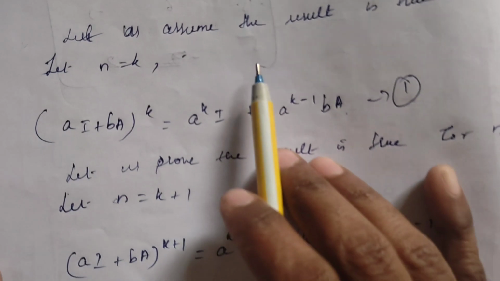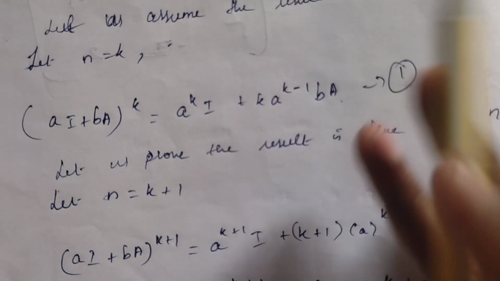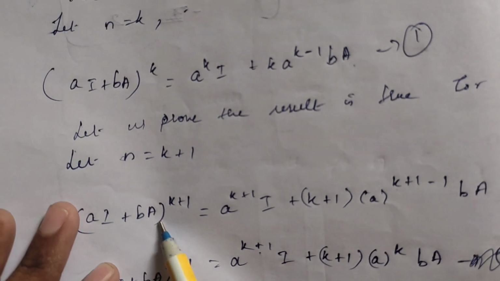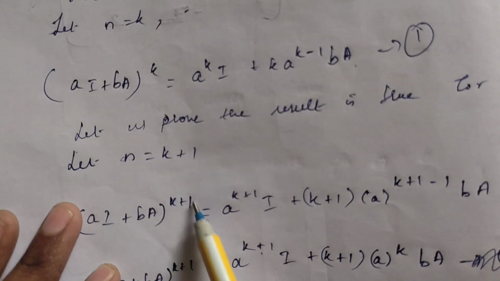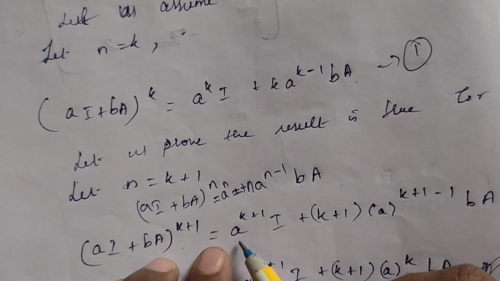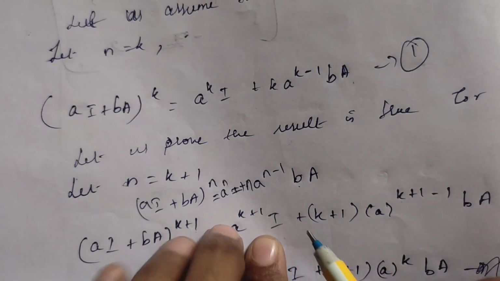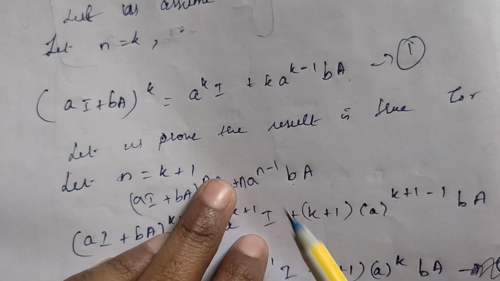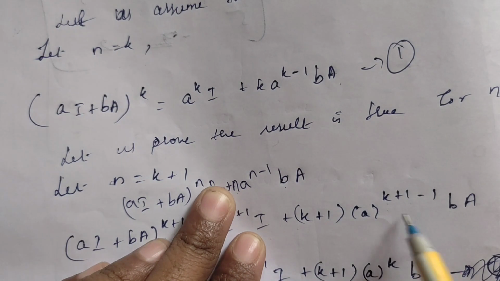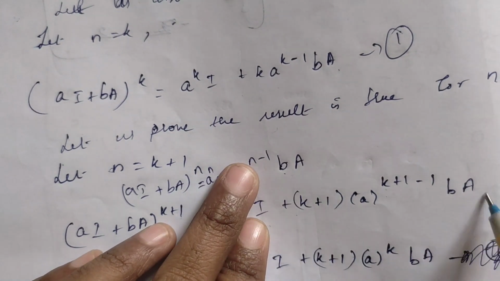Now let us prove the result is true for n equal to k plus 1. (aI + bA)^(k+1) is equal to a^(k+1) I plus (k+1) a^((k+1)-1) bA.